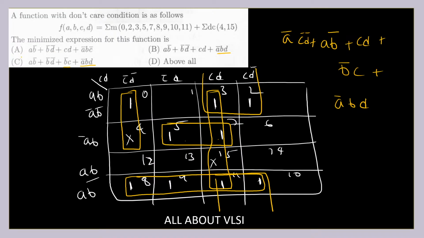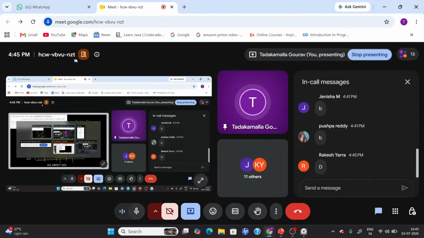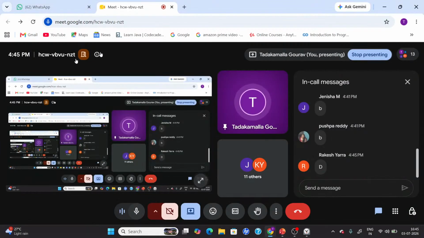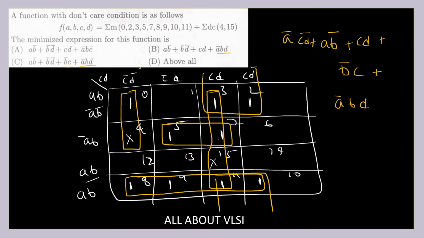Okay, I cannot see this. A bar B D is not there now. This option is not there actually. Option D. Okay, I got one more answer as all of the above. So where is this option? B bar C bar is not at all there. Where did I get this term from?